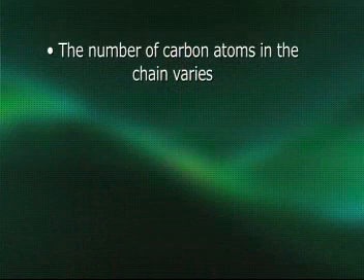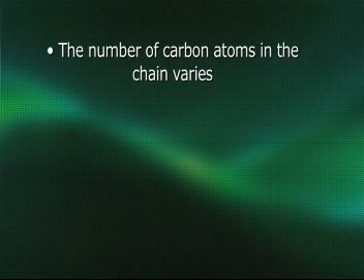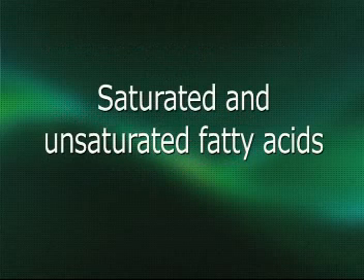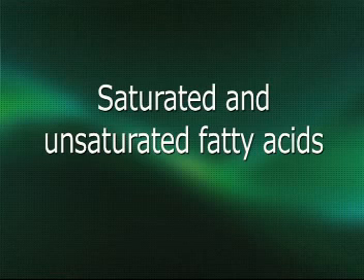Bonding between the carbon atoms in the fatty acid chain has 2 main effects on hydrocarbon chains. First, the number of the carbon atoms can vary. Second, the hydrocarbon chains with the same number of carbon atoms can have different numbers of hydrogen atoms. There are 2 main types of fatty acids: saturated and unsaturated.